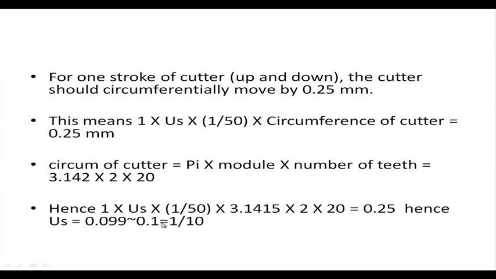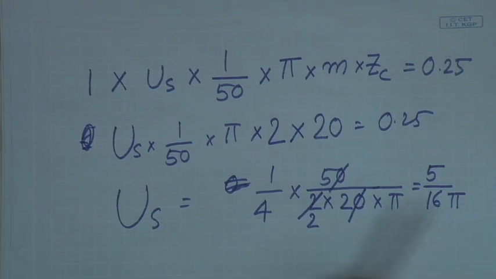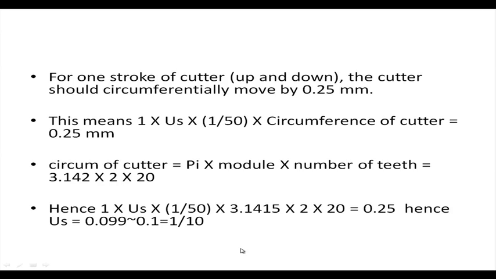I do not have a calculator with me at this moment, so you can quickly calculate it, whether it comes out to be 1 by 10 roughly, that is 0.0999 recurring. So, it is being made to be equal to 0.1, that is it, 1 by 10.